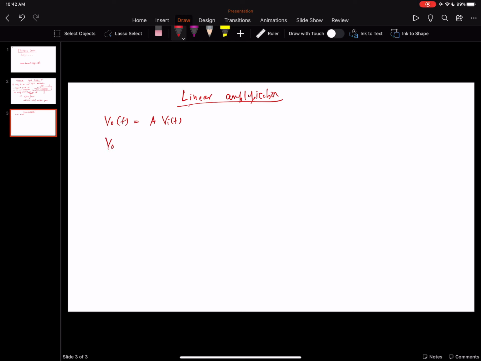Now let's look at this equation again. A can be 2, 3, 4, 5. It could be even 2 point something. Now let the amplification be A squared times V I of t.